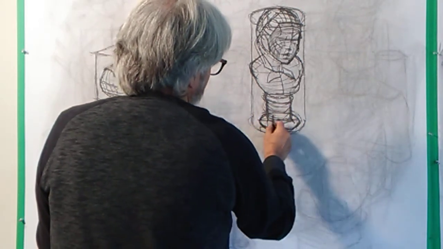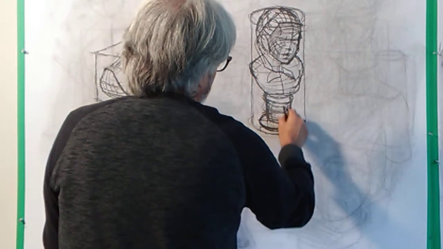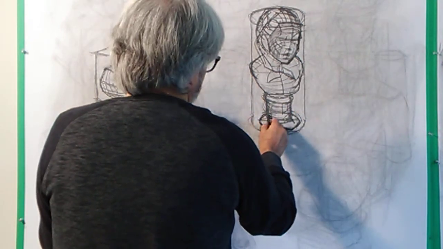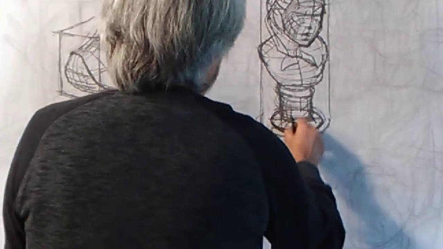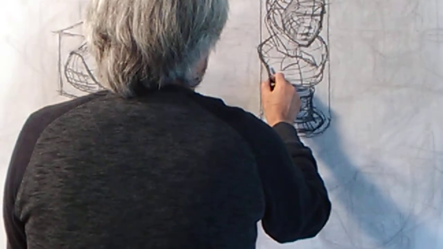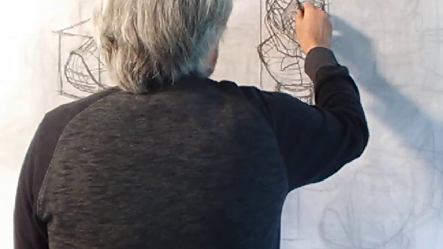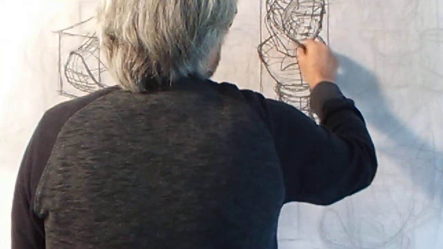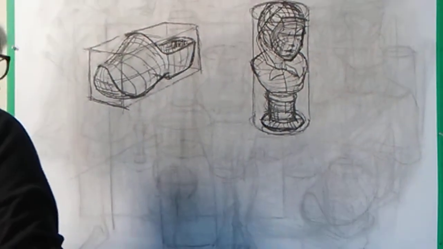Try not to use horizontal lines if possible. Okay, I'm going to leave it like that because those lines just build and build and build, and it can start to look like a lot of lines out there.